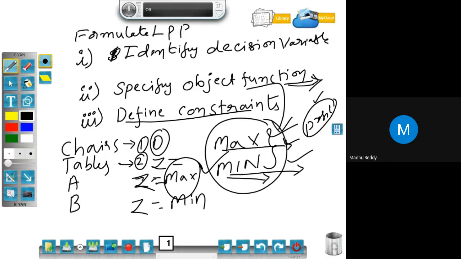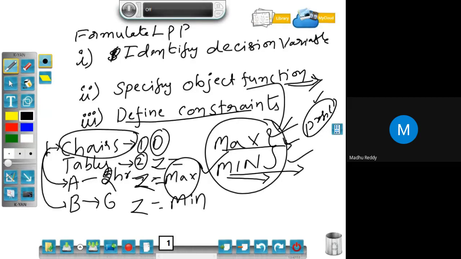To manufacture one chair requires 2 hours on machine A, and 6 hours on machine B. So these are the constraints he has given.